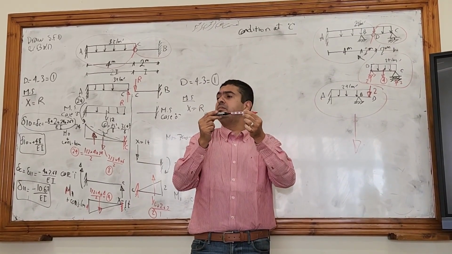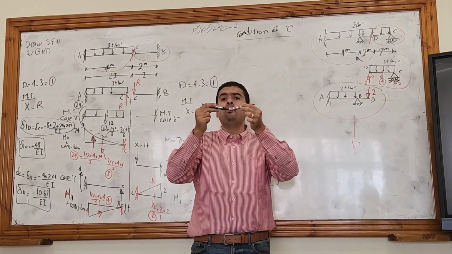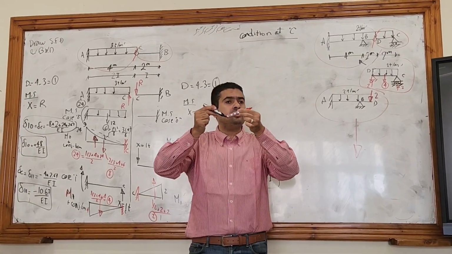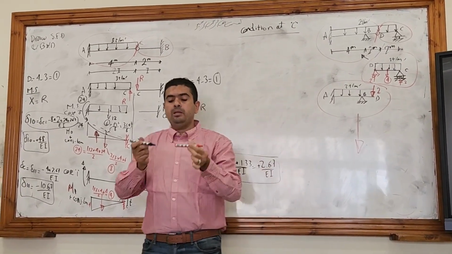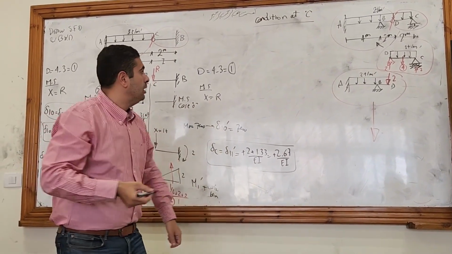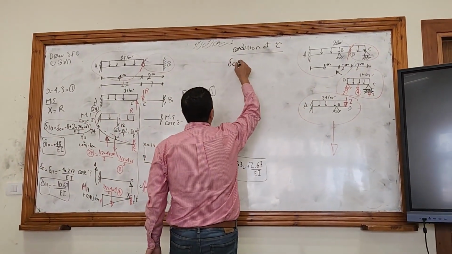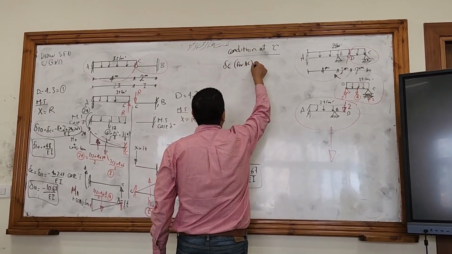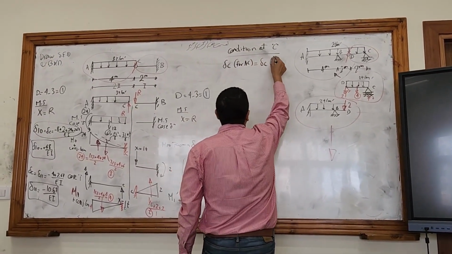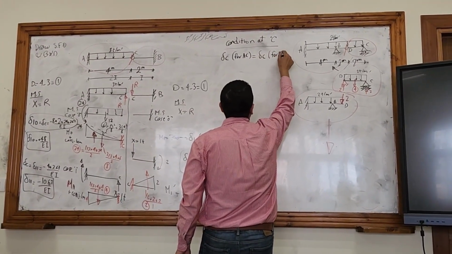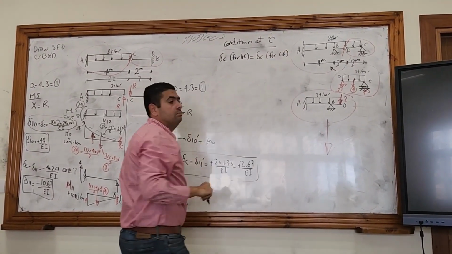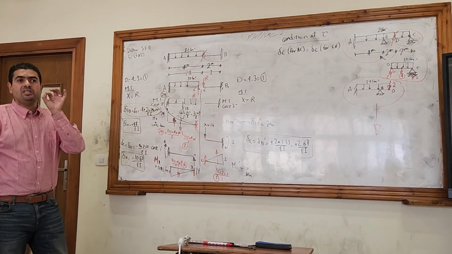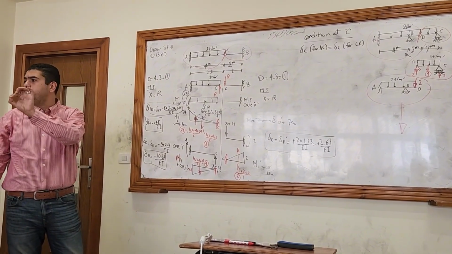So stability means that when they move, they will move with each other, right? So the condition will be delta C for AC equals delta C for CB, right? C will move the same displacement for both of them.